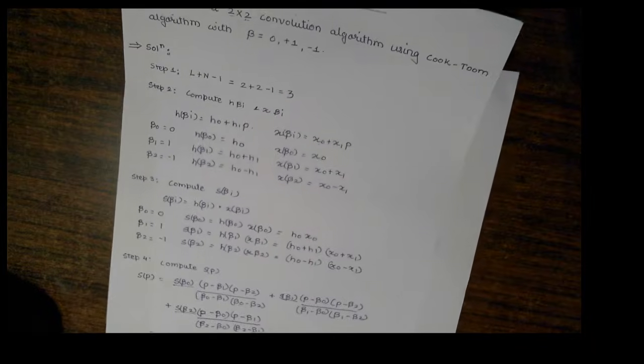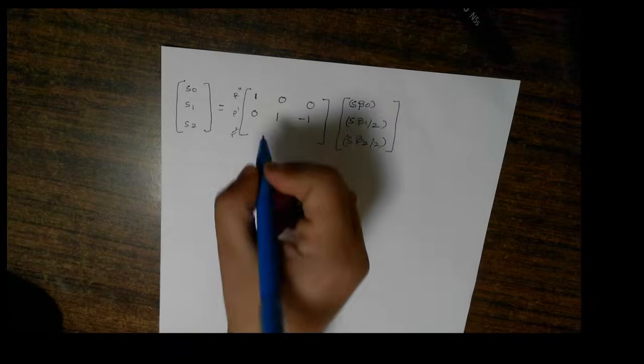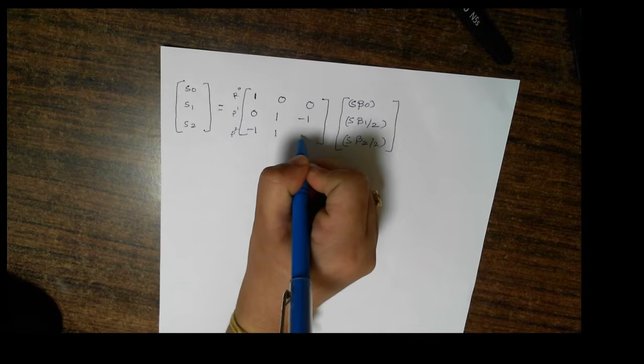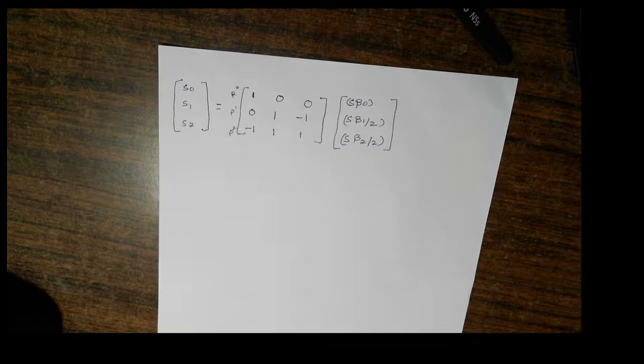Similarly, if we check minus p square, this is minus, this is plus, and this is plus 1. So here we'll be having minus 1, plus 1, plus 1. In this way, we have computed the matrix out of Lagrange's interpolation formula.